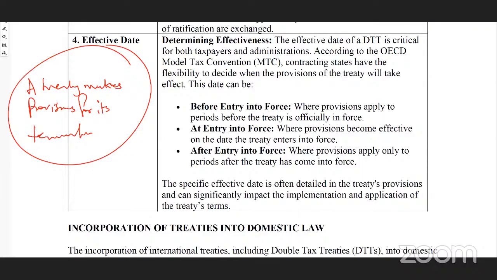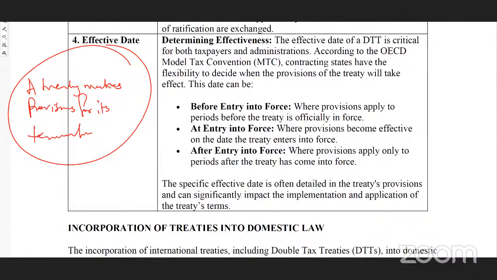Do you get the whole idea? Yes, sir. So if a treaty makes provisions for its own termination, there might be other procedures that also tell us how a treaty will be terminated. Do you get the idea? So there are other rules that tell us when a treaty will be terminated.